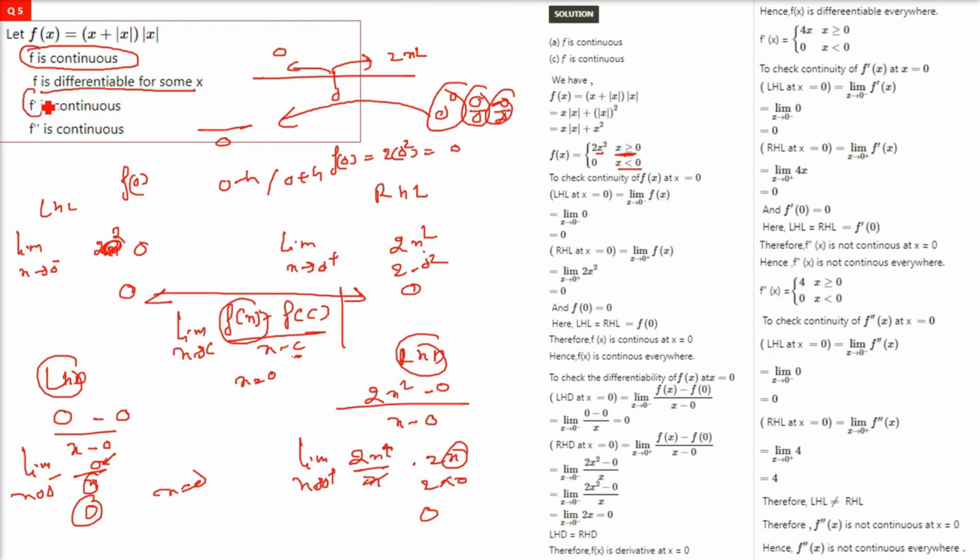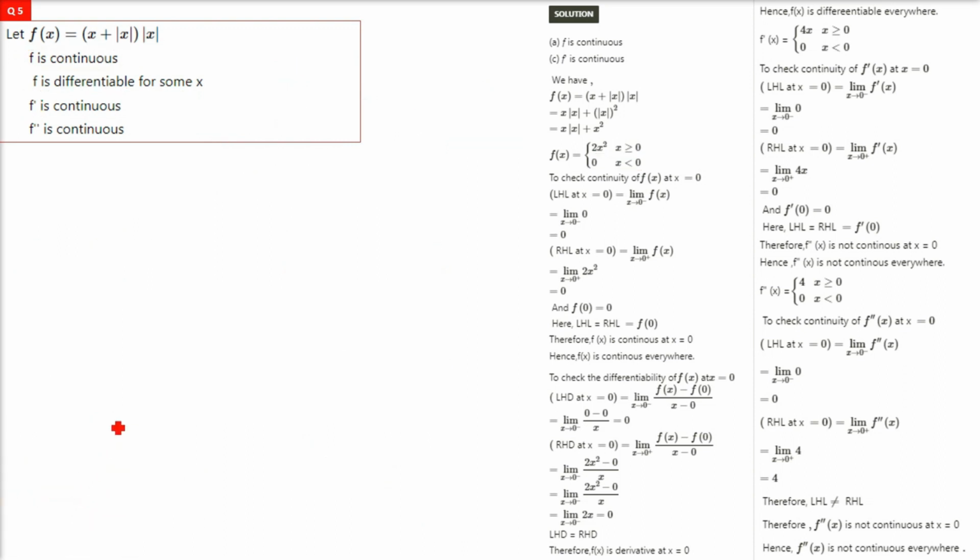Now there are two more things, f dash and f double dash. So I am clearing it again. Now we are going to f dash. So let me write function again, fx. And f dash, why we are finding out? We have to take the differentiation of this. So 2x square differentiation: 2 is a constant, so it won't be differentiated, and x square will be differentiated, x square will be 2x.